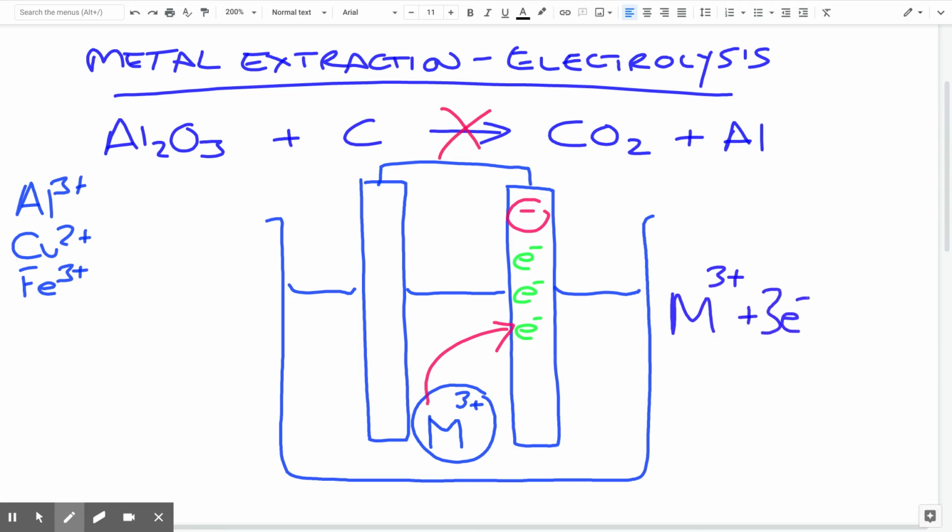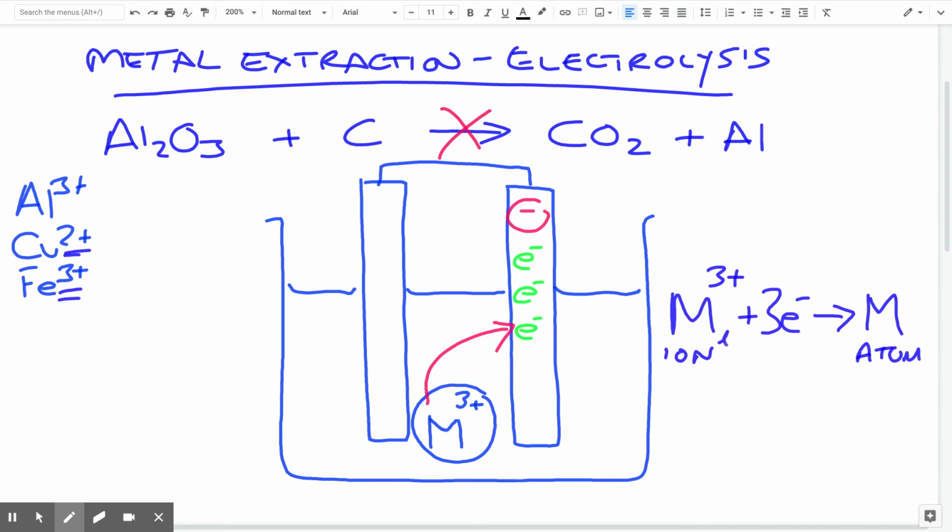Again, the number of electrons corresponding to the size of the charge. So if we'd had aluminium, we would have reacted with 3 electrons. If we'd used copper, we would have reacted with 2, iron 3, etc., as we saw in those reduction reactions previously.